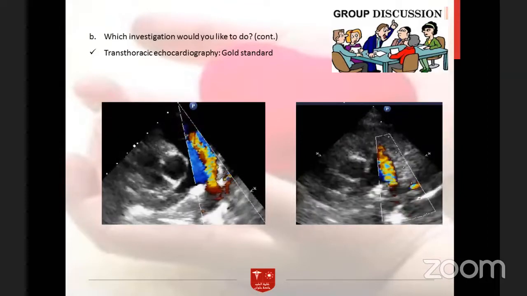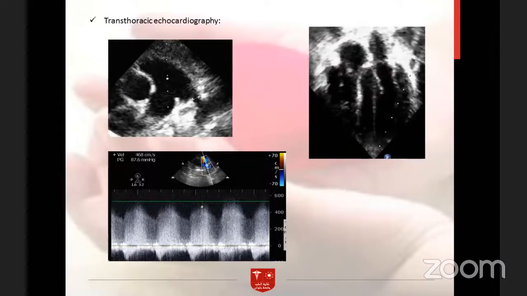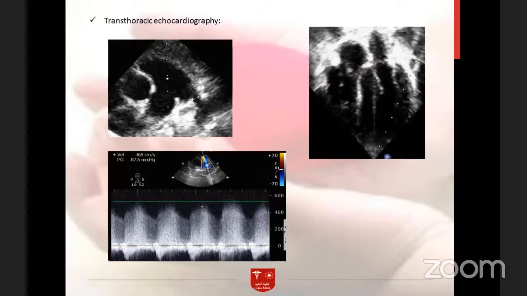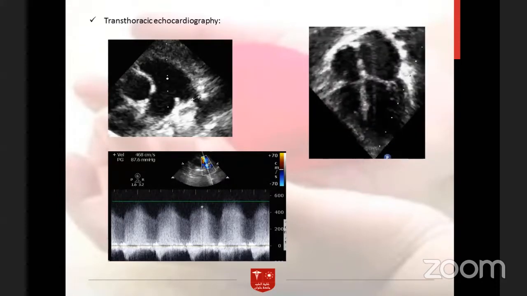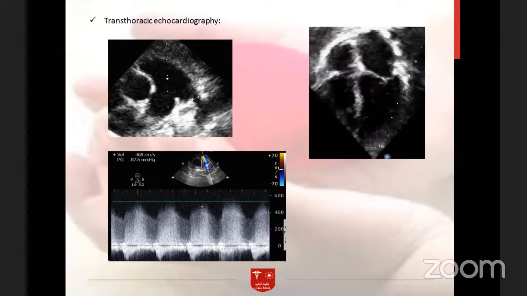While assessing a child with PDA, we have to keep in mind a few important points. Firstly, measuring the PDA. By measuring the PDA, we mean measuring the pulmonary end of the PDA.